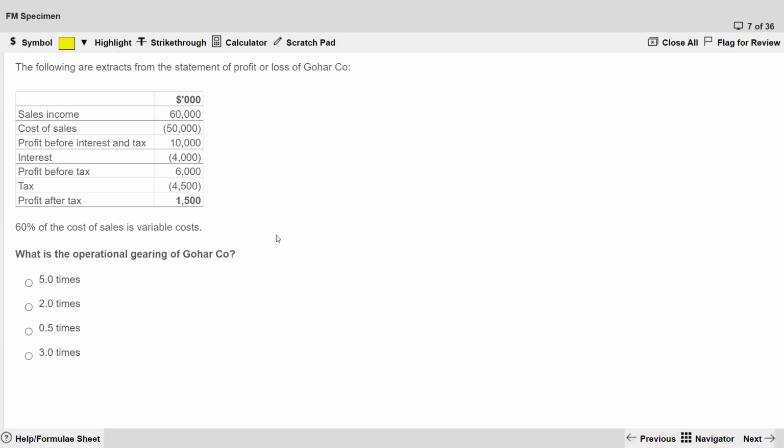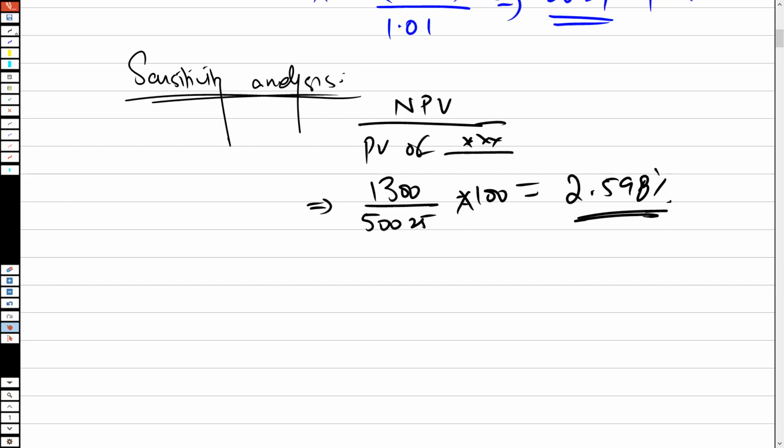Okay. Do you remember the formula of operational gearing? Do you people remember? There could be multiple formulas for operational gearing, but let me discuss a bit.